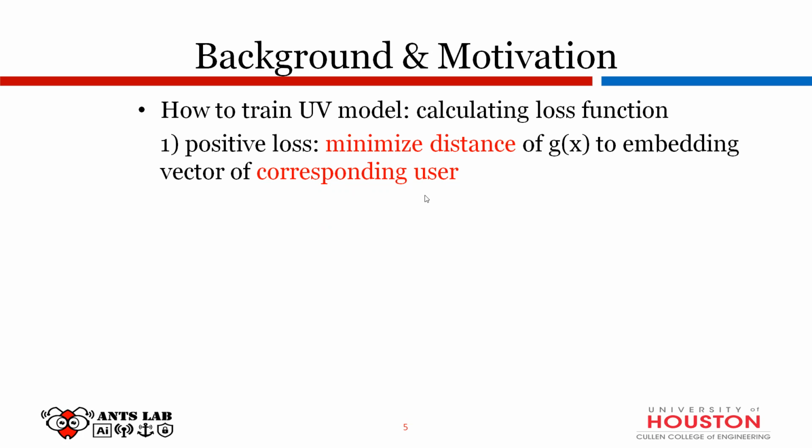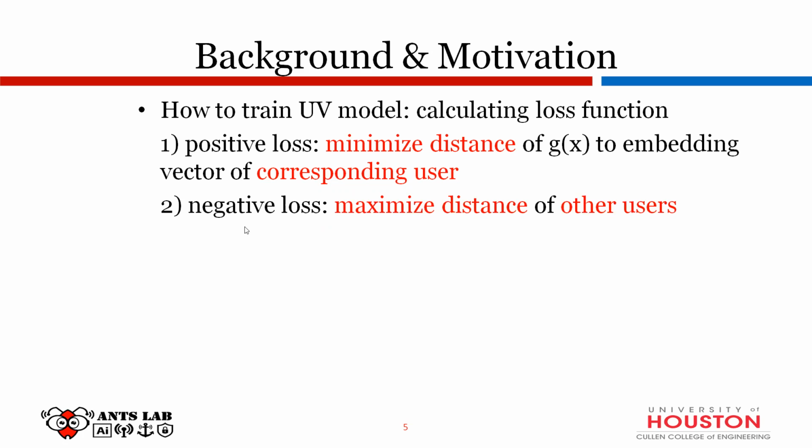Which makes sense, right? Because if the user uses the data, the output should be close to their own preference or their own characteristics. And the second one is the negative loss, which is the opposite. It focuses on maximizing the distance to other users.